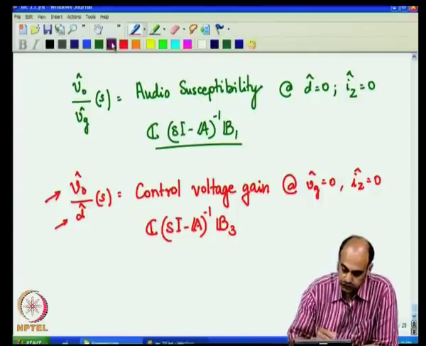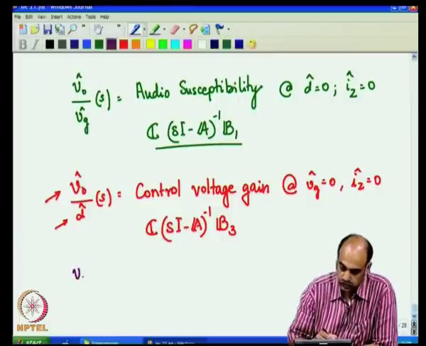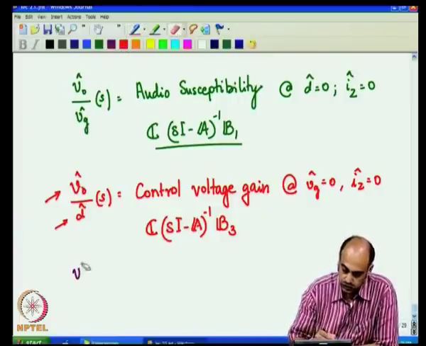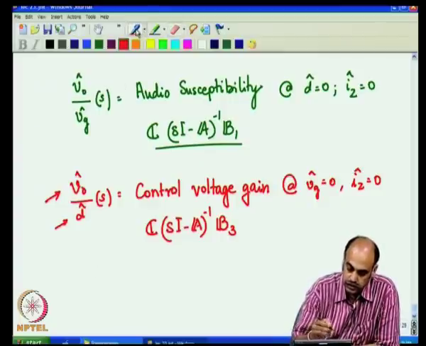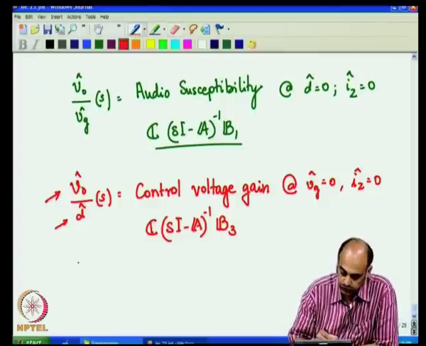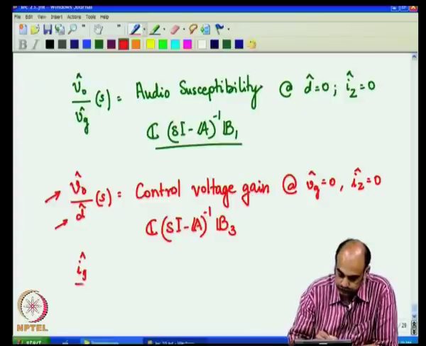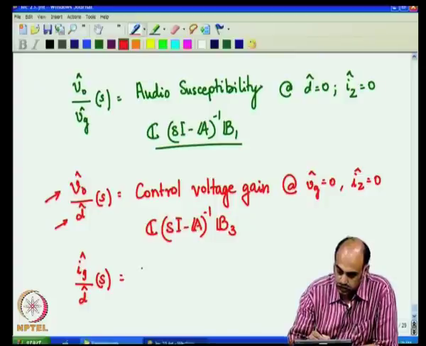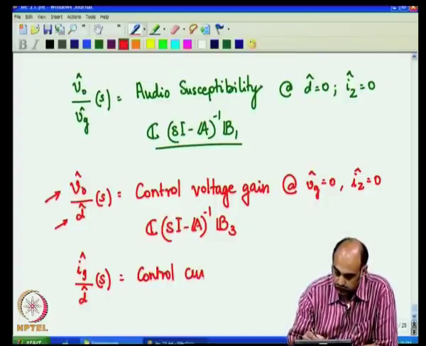Likewise, you saw that you could have another output, which is the Ig, the input current. So, if input current is an output and it is getting controlled by the control input D, then it is called control current gain.